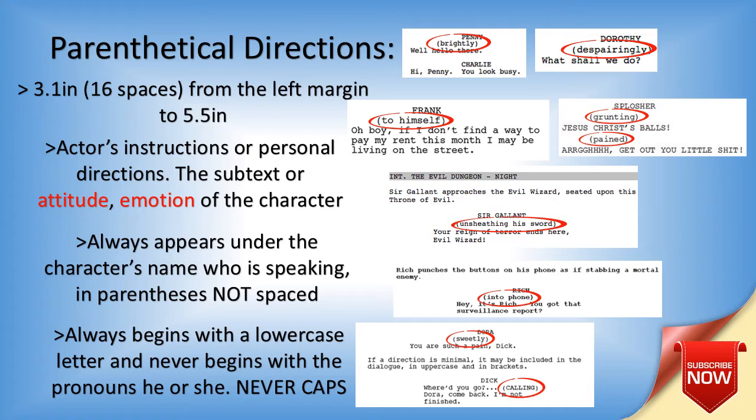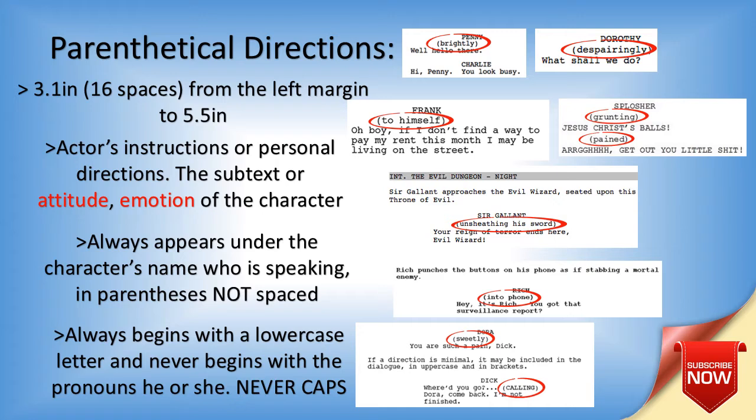Let's say you have a character that's speaking and you want to give them direction, but you don't want to start a whole new line of scene description or action description or narrative description. You just want to give them a quick little direction to do, or an emotional direction. That's why I made them in red. Or an attitude direction. You're not actually telling them to do a lot of things.